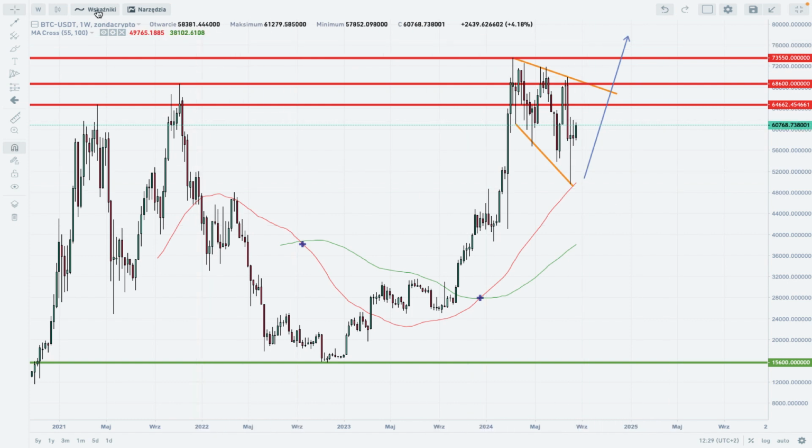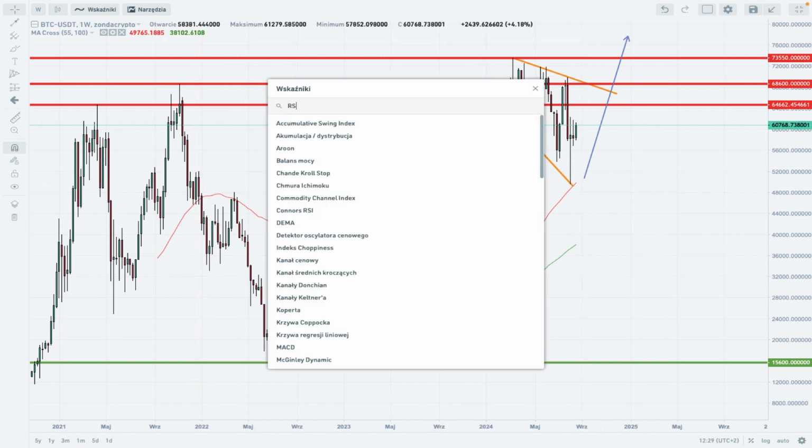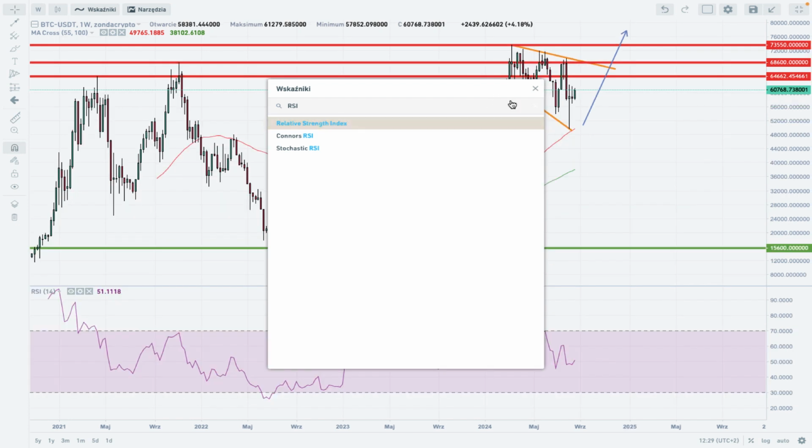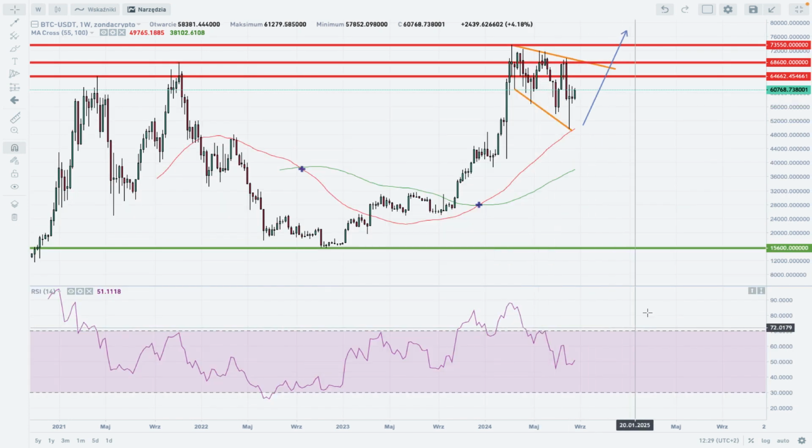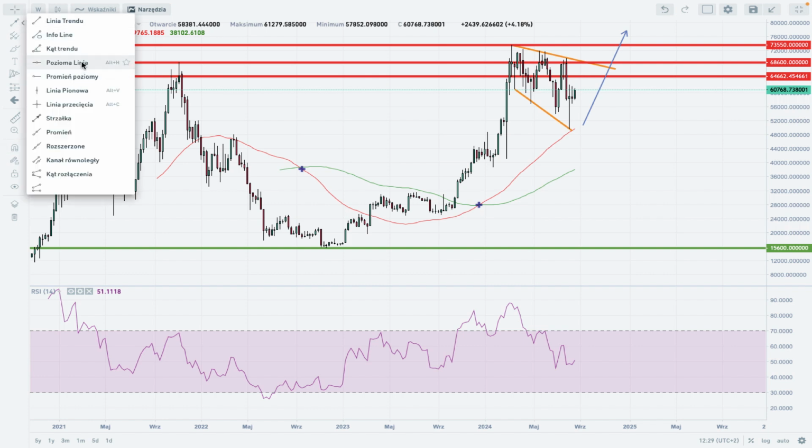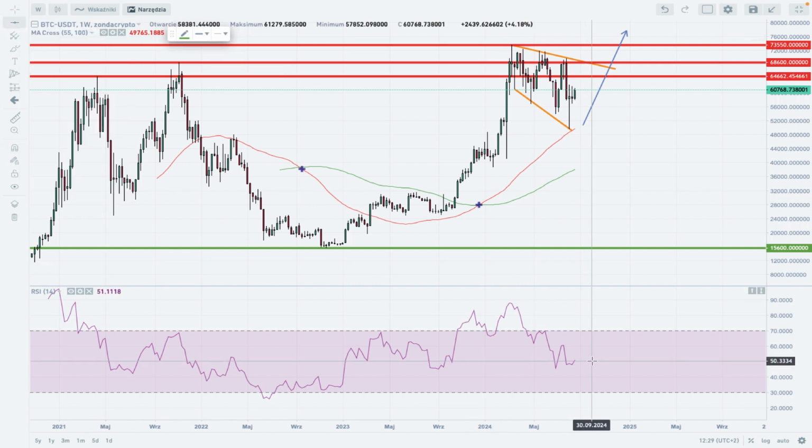If we apply one more indicator, our momentum indicator, you can clearly see that we went from extremely overbought conditions down towards the level of 50. Let me just mark this level for you so we can see it straight on. This is the level of 50, the neutral level.